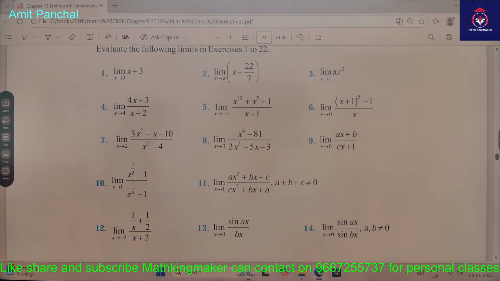Okay. Now do the seventh. Seventh one? Yeah. 3x squared minus x minus 8 x squared.